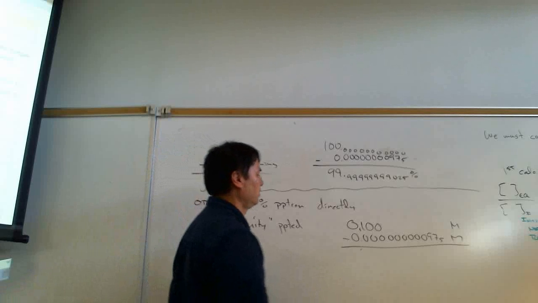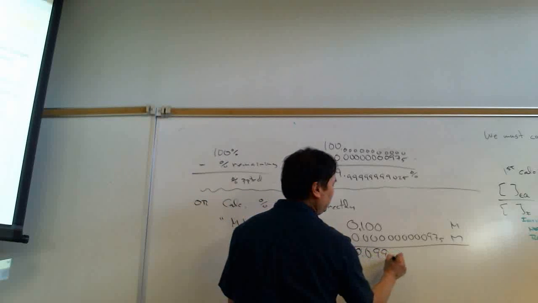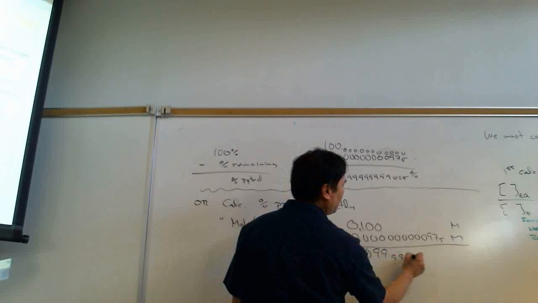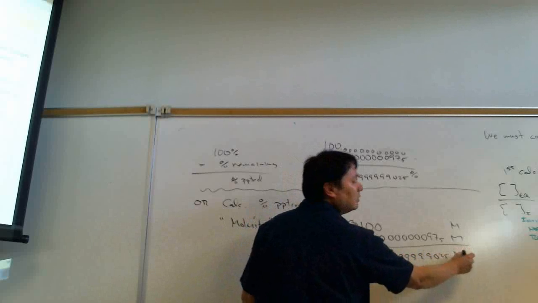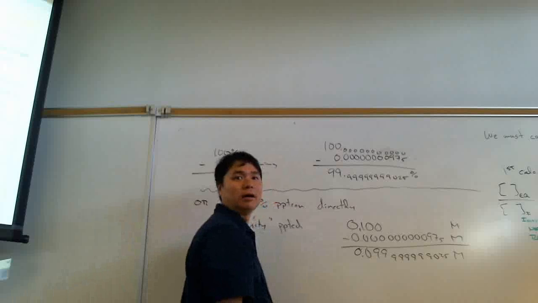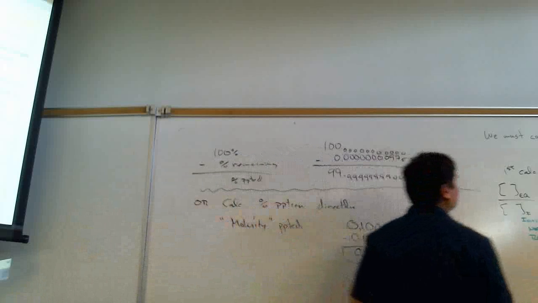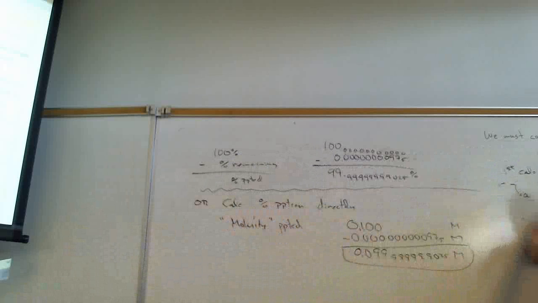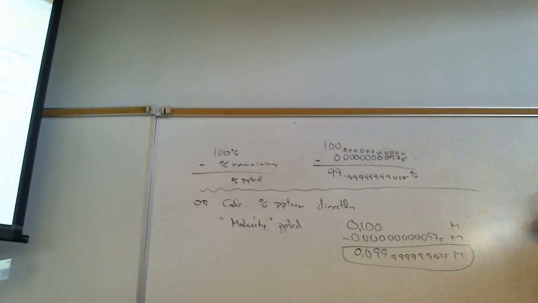Well, it's going to come out to 0.09999999925 molar, right? That's how many moles per liter we lost. Now, to calculate the percent precipitated, we just do this.